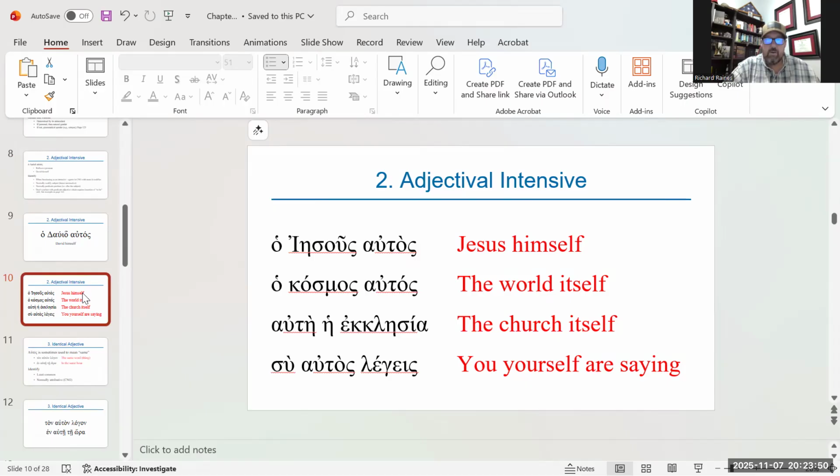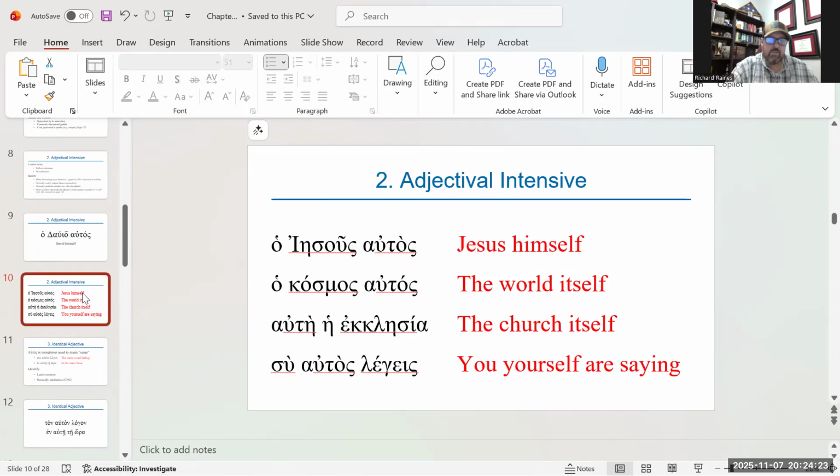And then the final one there, you've got su autos legeis, from lego, I say, "you he are saying." And I know you haven't learned the present active indicative yet for that verb, but that is "you are saying," or "you say" is probably a better way. You'll learn that. But that doesn't make any sense: "you, he, you say," right?